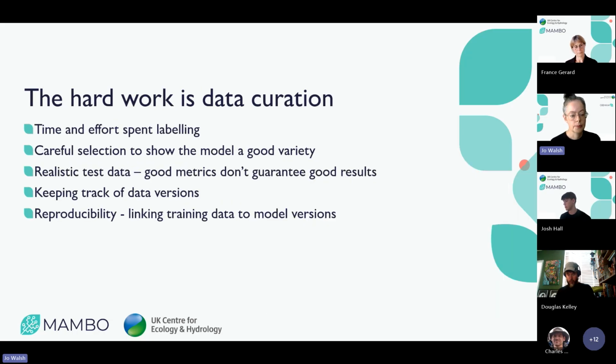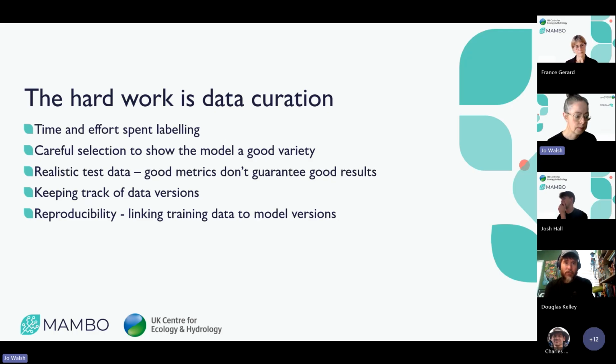So the hard work and the place to start with all of this is in data curation. To put the time and effort into labeling, into doing visual QA, into getting a small set of data as right as you can, carefully selecting it to make sure that we're showing the model a good variety of variations, of representative features of shrubs in this case.